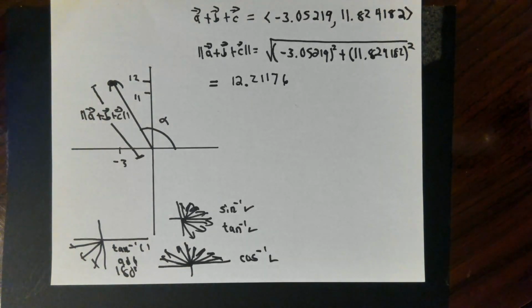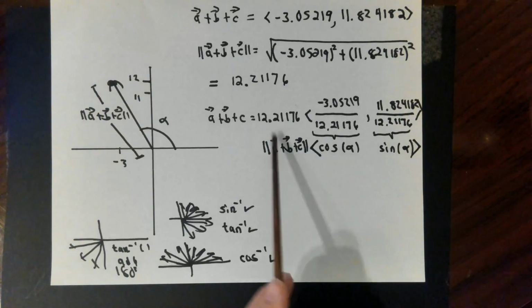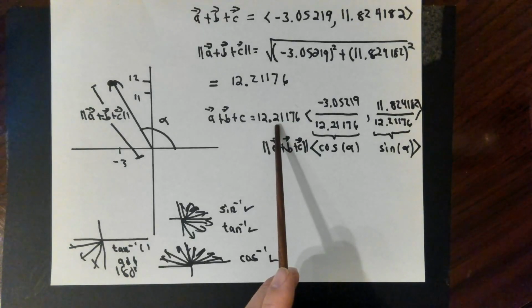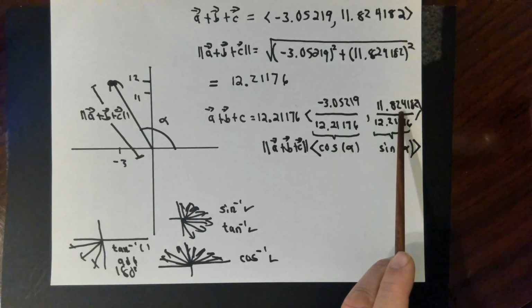Just previously, we've mentioned that a vector is the length of the vector times a cosine sine vector that goes with it. We're going to take advantage of that fact. Because of the way that we said we're going to do numbers times vectors, if I have 12.21176 times this number comma, that number.